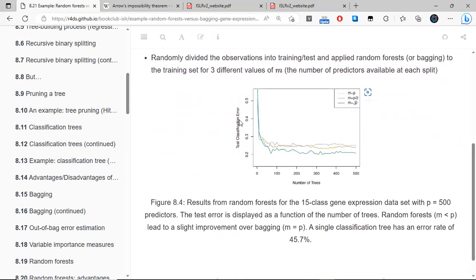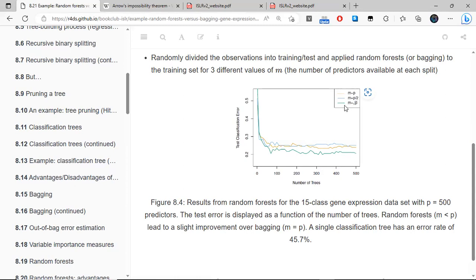What is this test classification error for these possible cases? For m equals p, that is just bagging. For m equals half of p, that would be a kind of random forest. But the most common case is when you use m, the size of the sample of the predictors, equal to the square root of p.